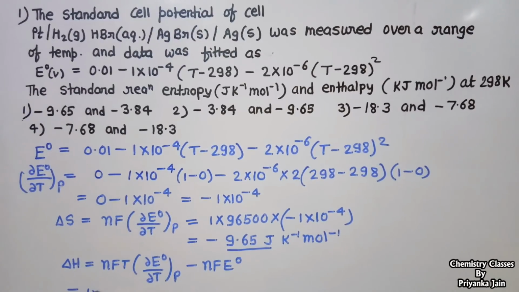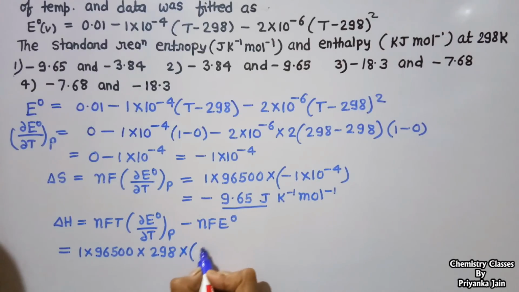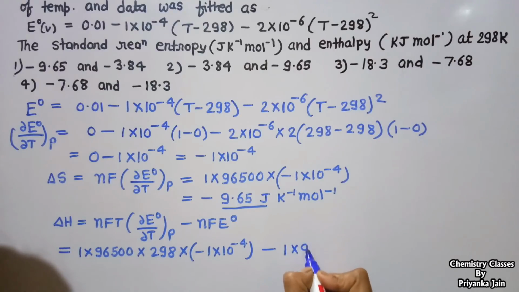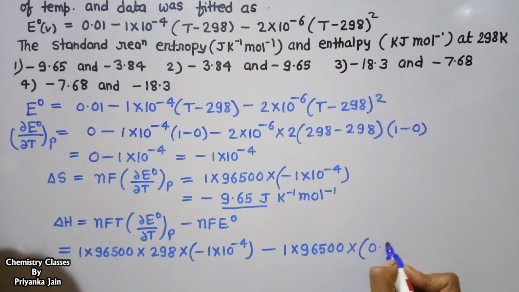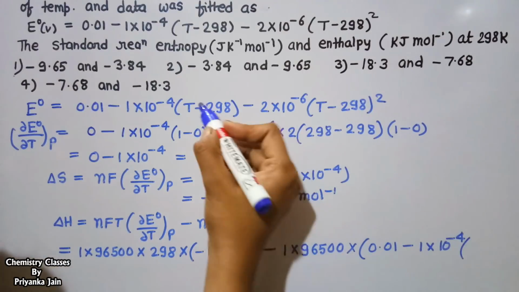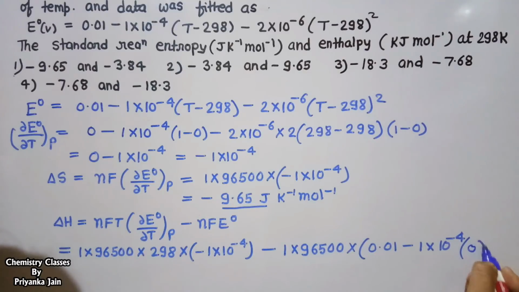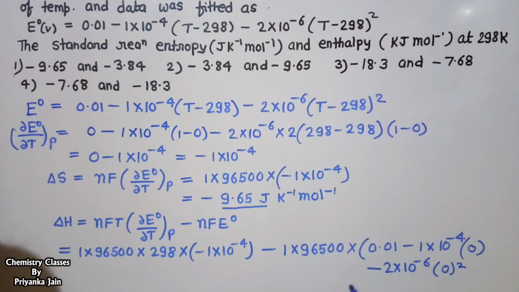We put in the values: 1 into 96,500 into temperature 298 into minus 1 into 10 to power minus 4, minus n's value 1 into 96,500, then the value of E naught, which is 0.01 minus 1 into 10 to power minus 4 into (298 minus 298), which is 0, minus 2 into 10 to power minus 6 into (298 minus 298) squared, which is also 0. So these terms become 0 and its value will be 0.01.